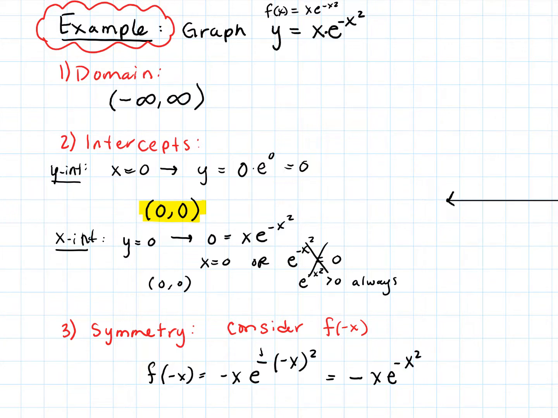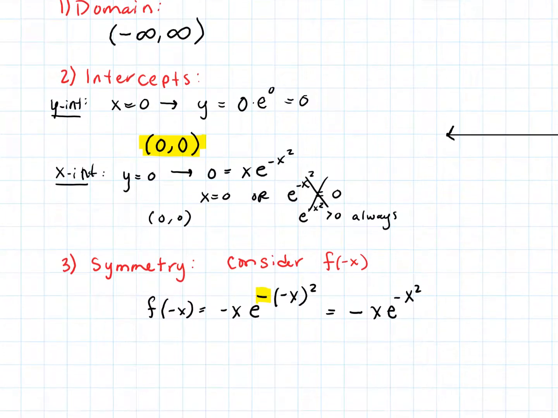And notice that that is actually negative f of x. By definition, if you plug in negative x and you get back the opposite of the original function, negative f of x, that is by definition an odd function.